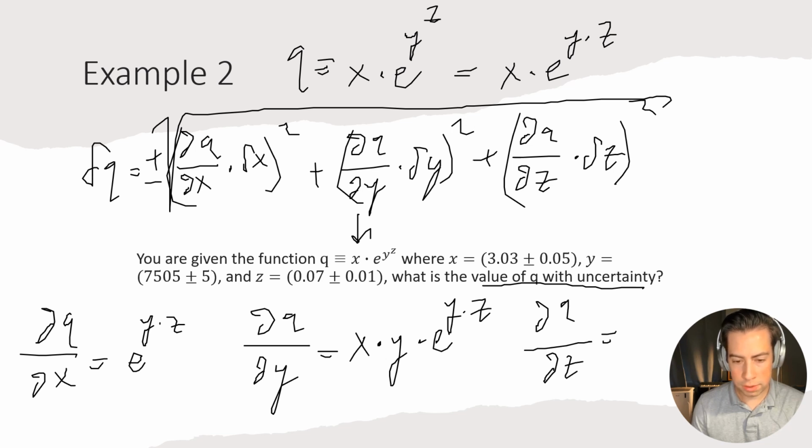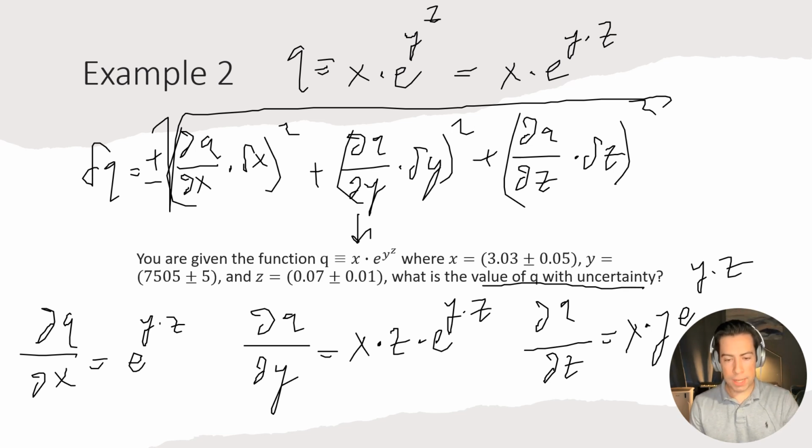So I will get, let's see here. Actually, did I do that correctly? Sorry, guys. Actually, sorry. This needs to be z right here, and then I will get x times y, and then e to the y times z.